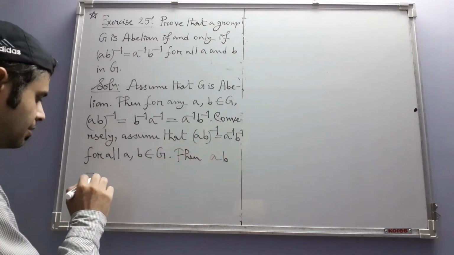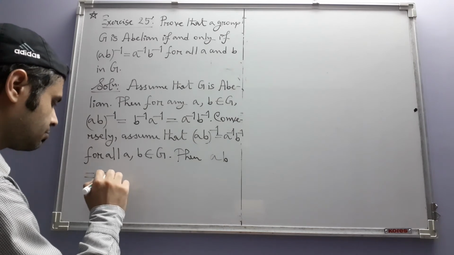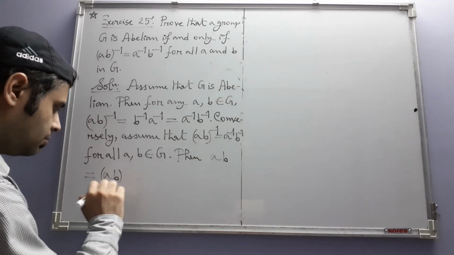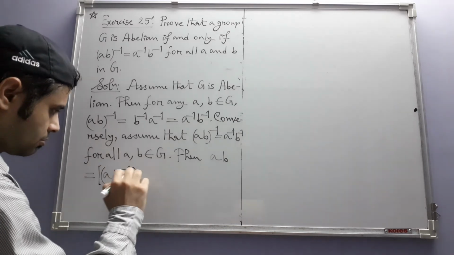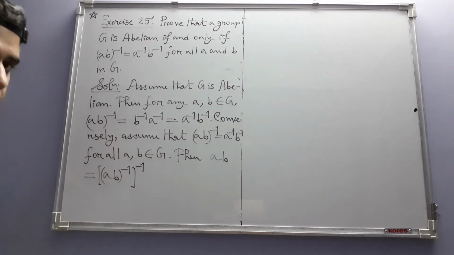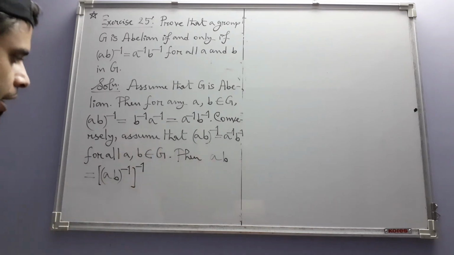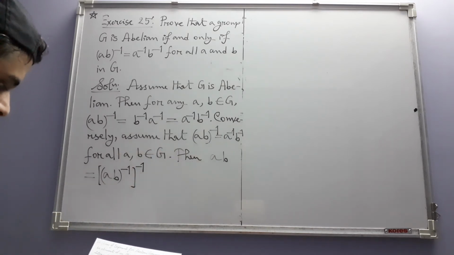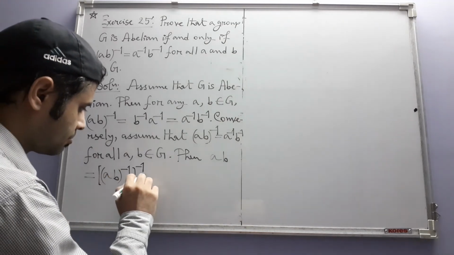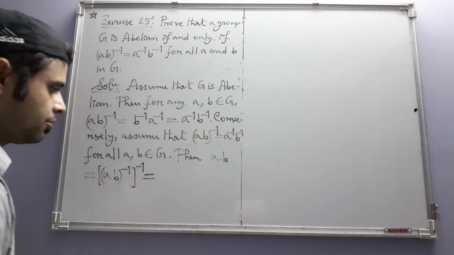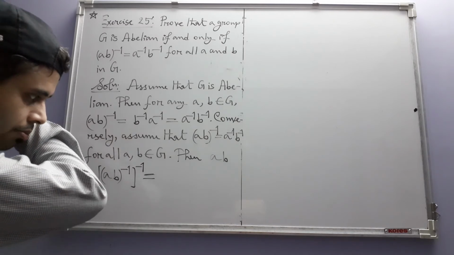So AB can be written as ((AB) inverse) inverse. Okay, this fact is something we have to prove in the next exercise. So we are prematurely using it. That is not a problem.